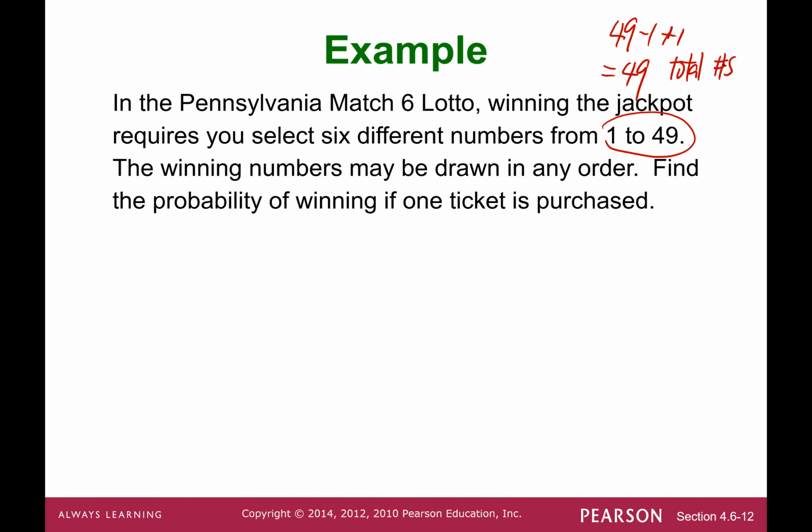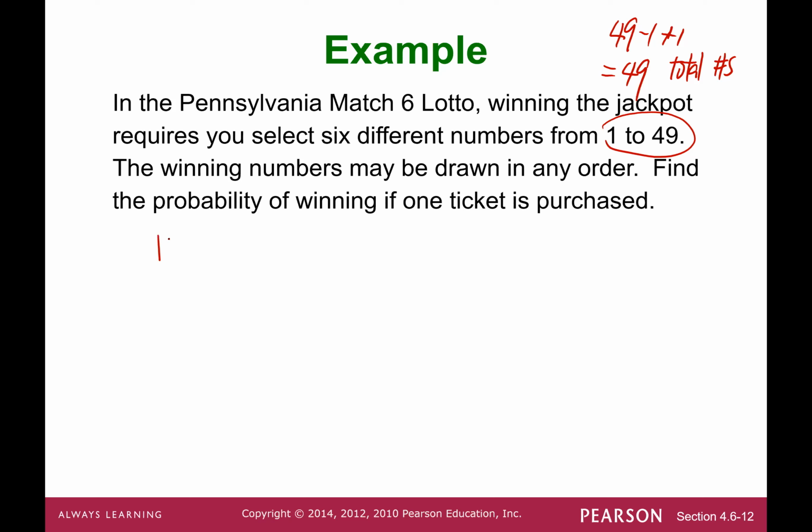Now, the winning numbers may be drawn in any order, meaning order does not matter. Think about this: anytime you play the lottery game, as soon as you pick the numbers, no matter what order you put them in, as soon as those numbers match the winning numbers, you win the game. So here, order does not matter. Now let's rephrase this.